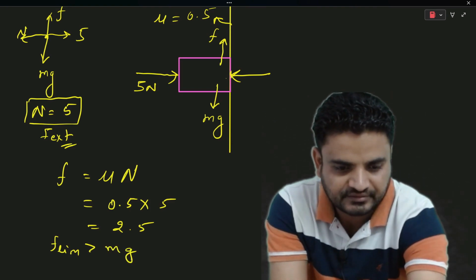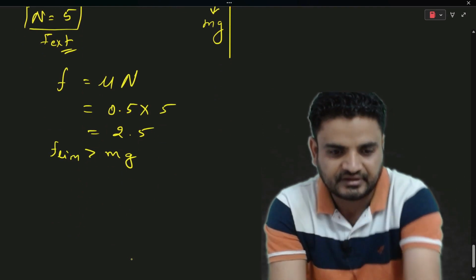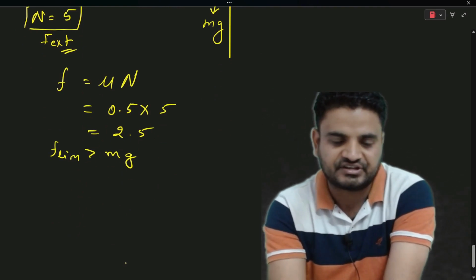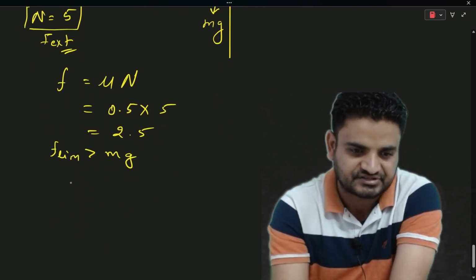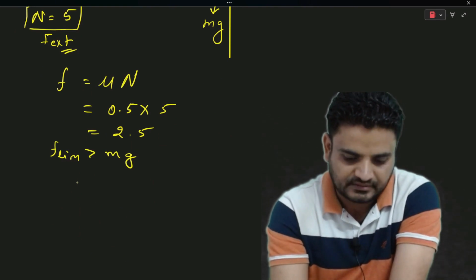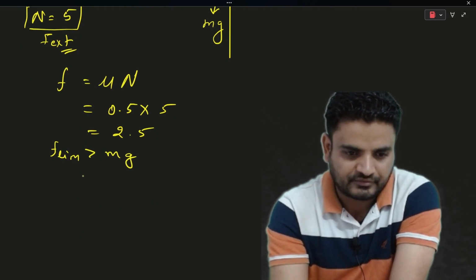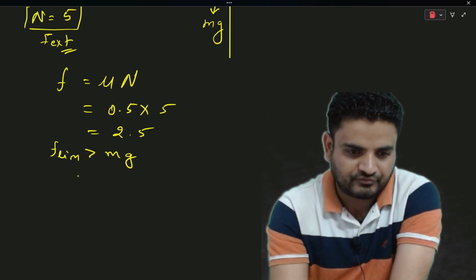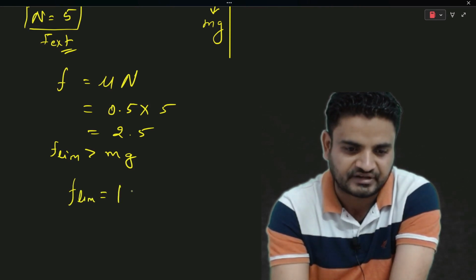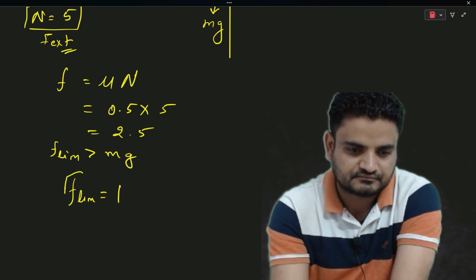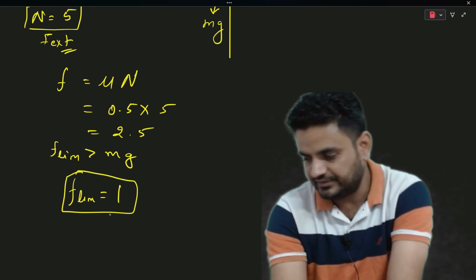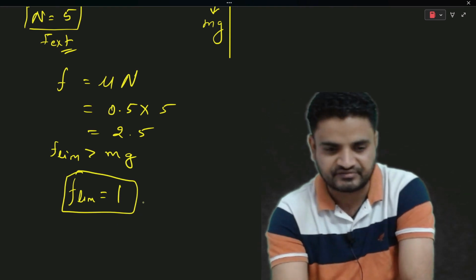We know that static friction is a self-adjusting force, so it will adjust to the mg force. So finally we can say the friction answer is 1 Newton.